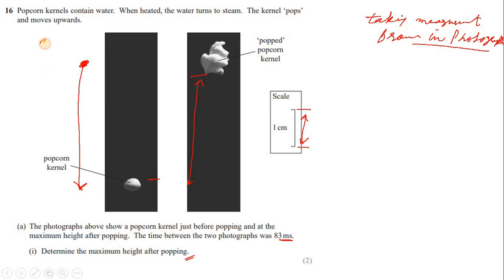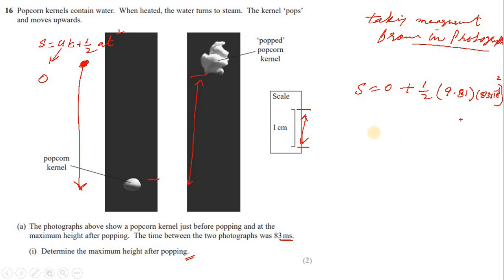You can use s = ut + half at squared, and you can take u as 0. So s = 0 + half times a, which is acceleration due to gravity 9.81, times t squared, and t is 83 millisecond, so 83 times 10 to the power minus 3, whole squared.